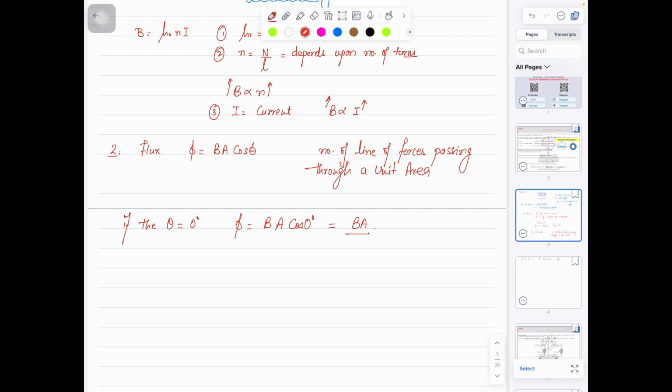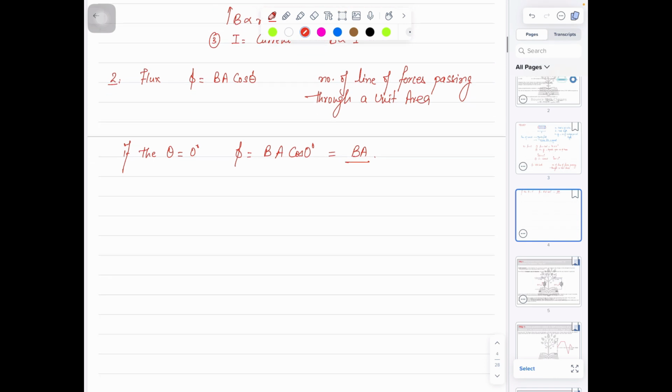Clear? Fine. The next and third, the major word, is self-induction. What is self-induction? Phi is equal to L times I. Here we learned B A, here we learn L I, where L is your self-inductance.